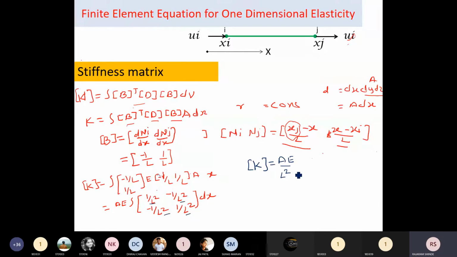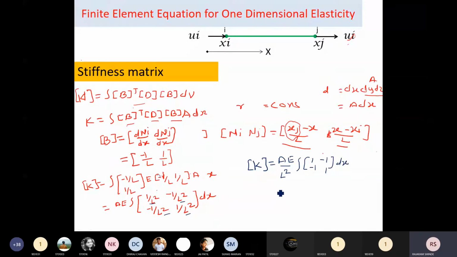It is in all terms. Now I will write integration of the remaining term, which is 1 minus 1 minus 1 1, into dx.